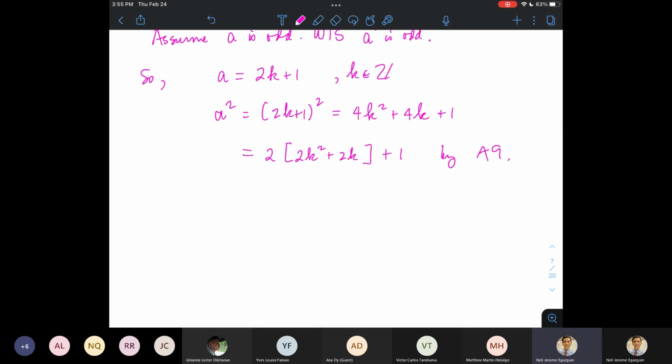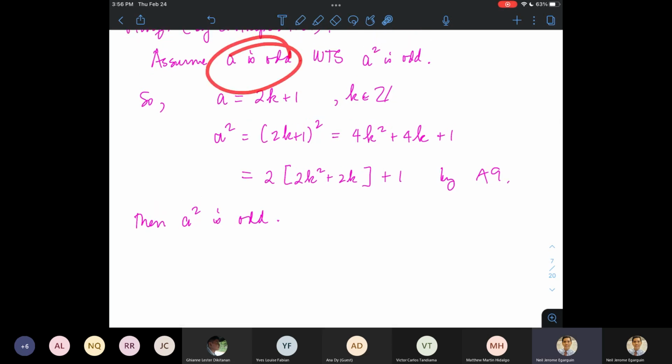So now what do we get? Now we can conclude A squared is odd. And that is because this is 2 times another integer plus 1. So I'm sure that A squared is odd. So therefore, we are done.